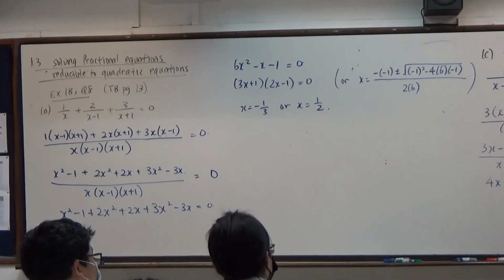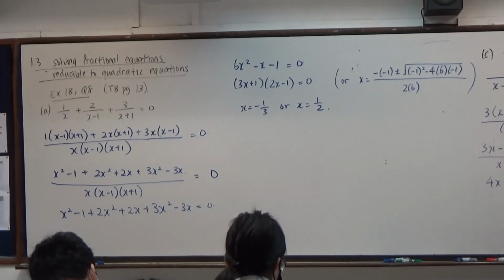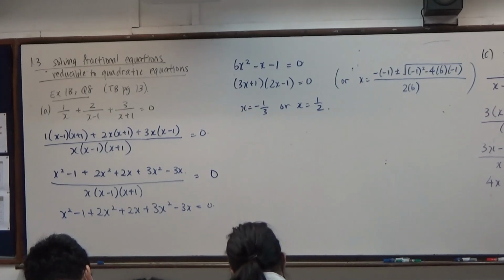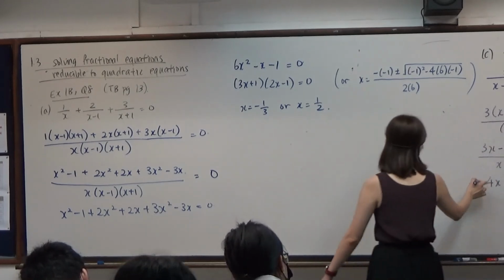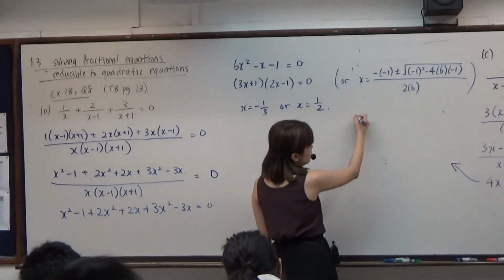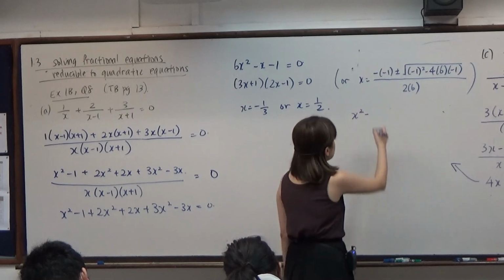So when I do my cross multiplication, I get x squared minus 5x equals 6, to the right hand side. Then the rest of it is about simplifying into a quadratic equation. Square minus 9x.